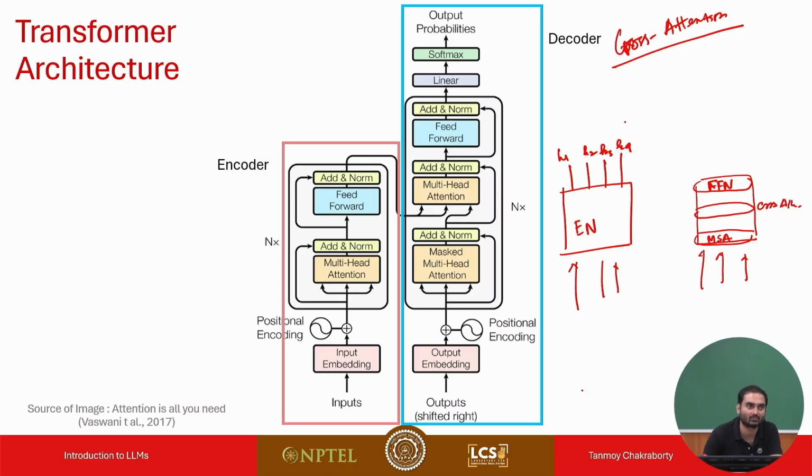In cross attention, what will we do? Let's say this is the decoder, D1, D2, D3, and after the masked self attention, you obtained, let's say, M1, M2, M3.